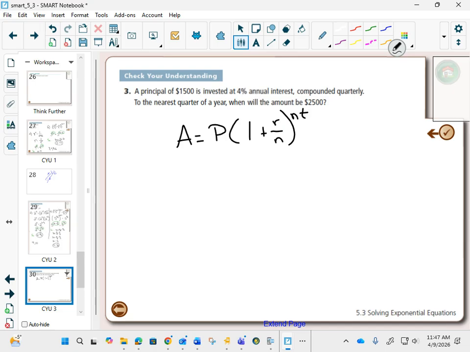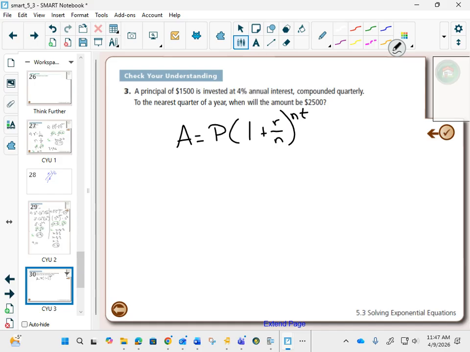Sometimes formulas use P for principal. And then they would tell you what each of the things are. I'm not going to write them all down because I don't want to waste time, but they tell you that this is the amount after T years. P is the principal. R is the interest rate as a decimal. N is the number of compounding periods, and T is time in years.